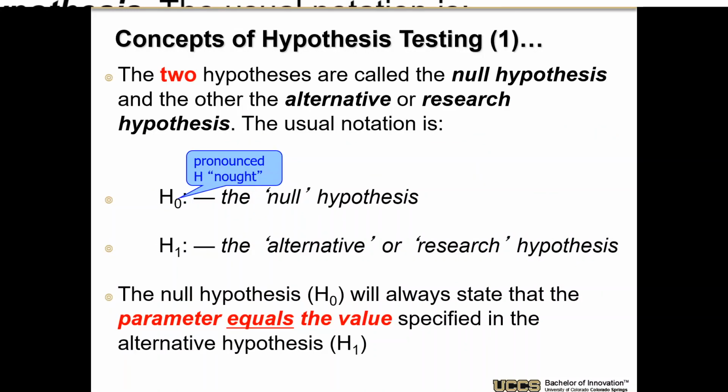So the two hypotheses, the null hypothesis and the alternative hypothesis, or sometimes the research hypothesis. The usual notation is that H0, which you can read as H naught or H null, is the null hypothesis, and H1 is the alternative or research hypothesis. The null hypothesis always states the parameter equals the value specified in the null hypothesis.